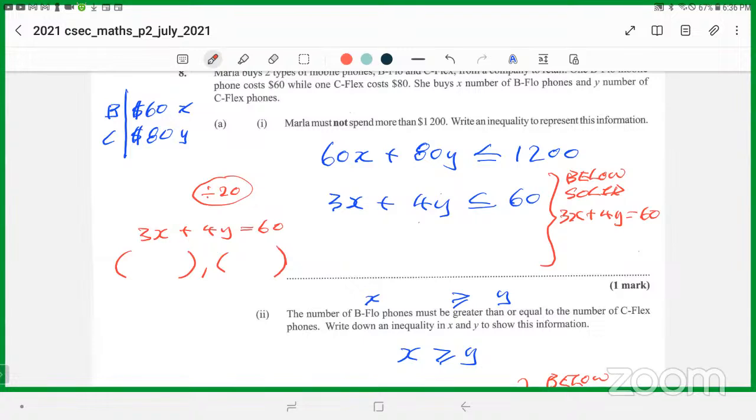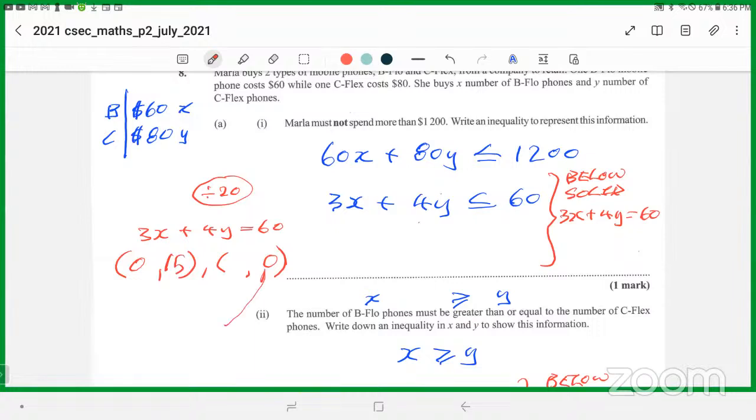Two easy points: give the x value 0 and then give the y value 0, and use the equation to work out the corresponding value. When x equals 0, you're left with 4y equals 60. Dividing by 4, y equals 15. So one point on the line is 0, 15.